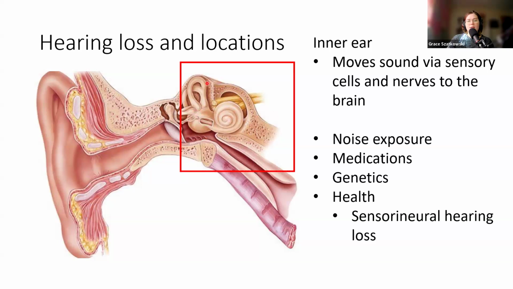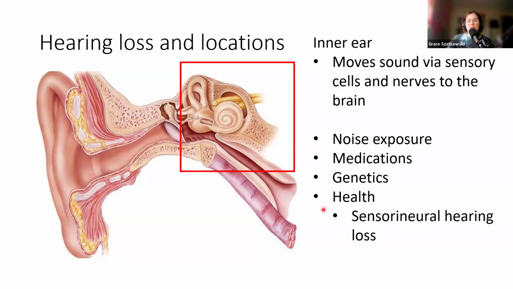This is the most common area that is damaged and often results in what we consider age related hearing loss, more formally known as sensory neural hearing loss, because it's typically damage to the sensory organ of the cochlea, the cells, and the neural areas that lie within the cochlea.